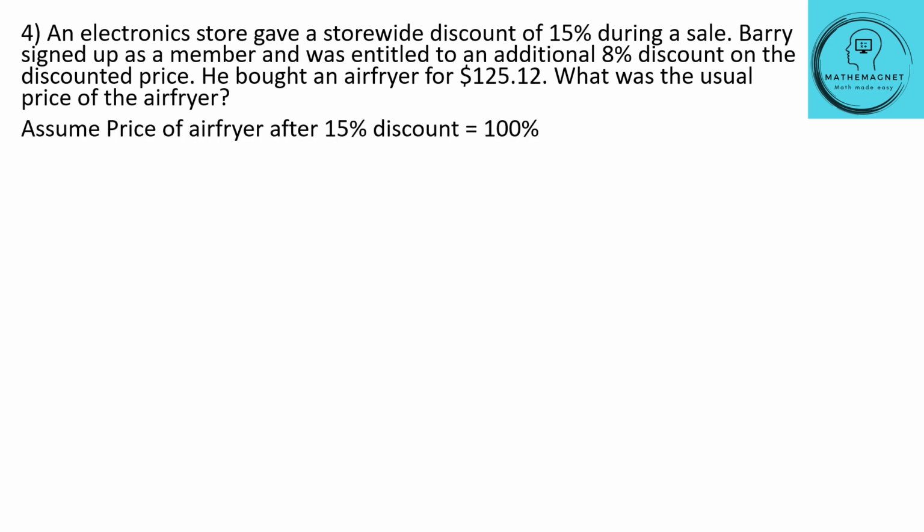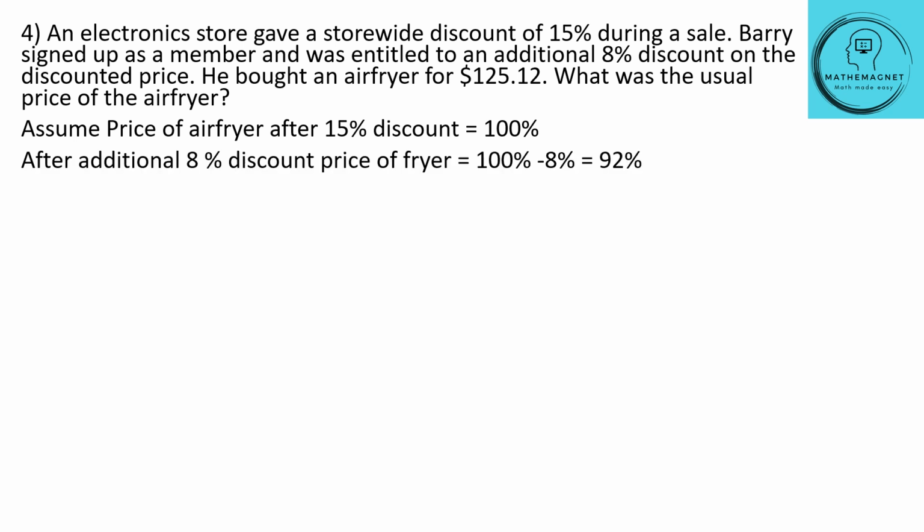So here assume the price of the air fryer after 15% discount, because you are going to calculate the 8% discount on this 100%, which gives $125.12. So we will have to go in the backward direction. We will start with the base value as the air fryer's cost after 15% discount. So that will be 100%.